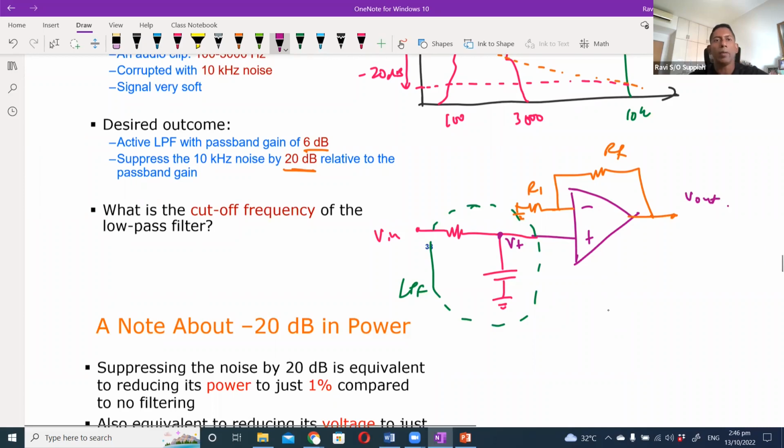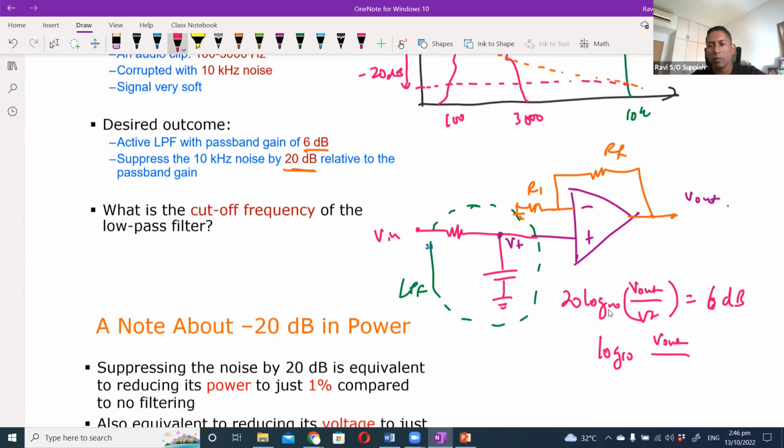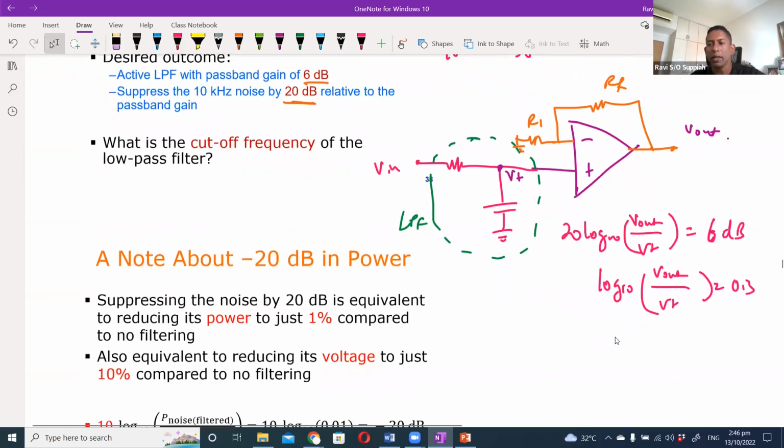And what we want is that 20 log to the base 10 of V out over V plus must be equal to 6 dB. If you try to solve this, V out over V plus will be 0.3, and that will give me a ratio of V out over V plus equal to 2.